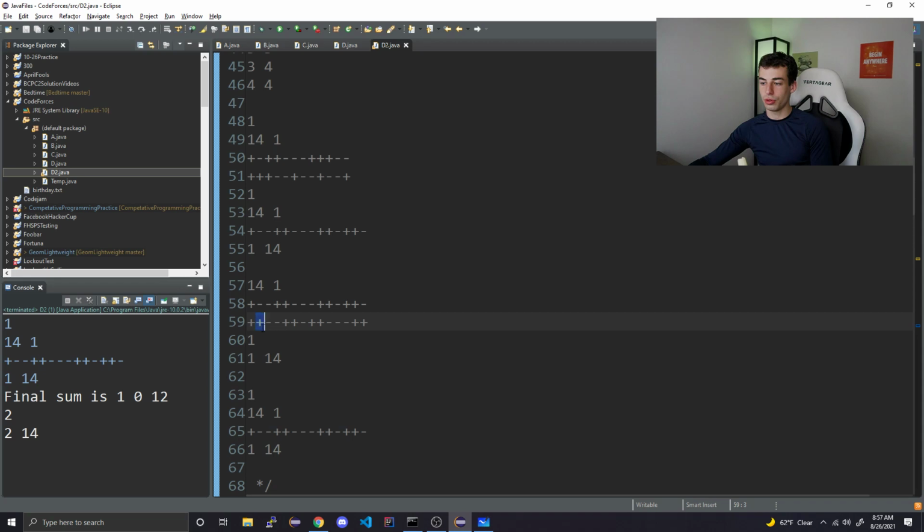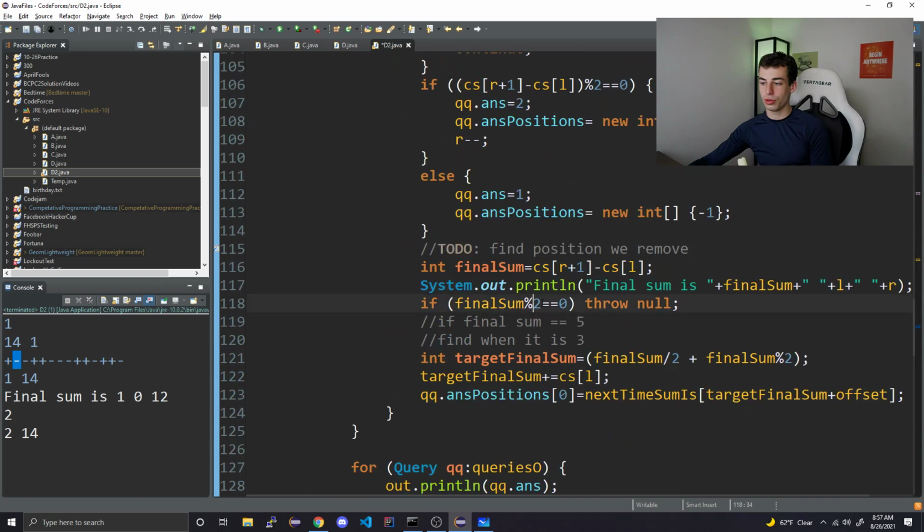Well, it shouldn't matter. When the sum is 1, anytime the prefix sum is 1, you should be fine. Oh, so here the prefix sum is not 1. Here the prefix sum is 2. Yeah, okay. So why is this wrong?